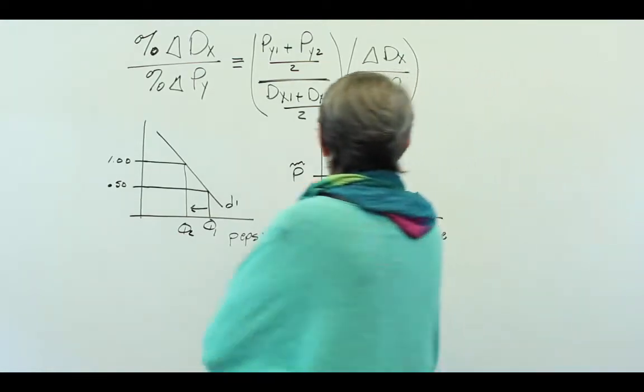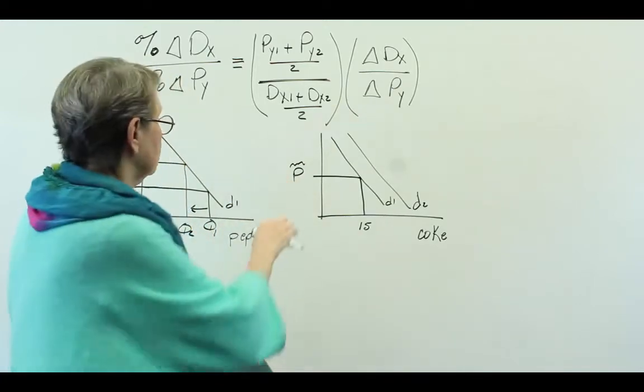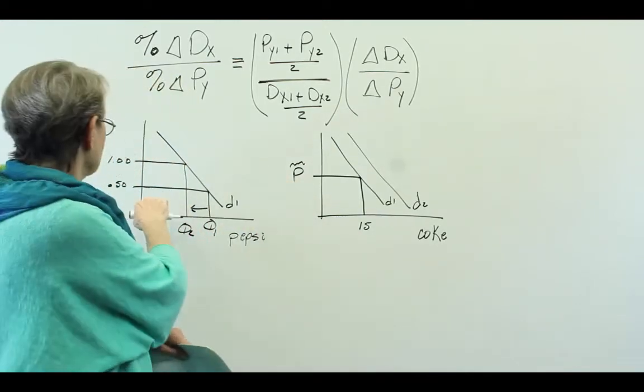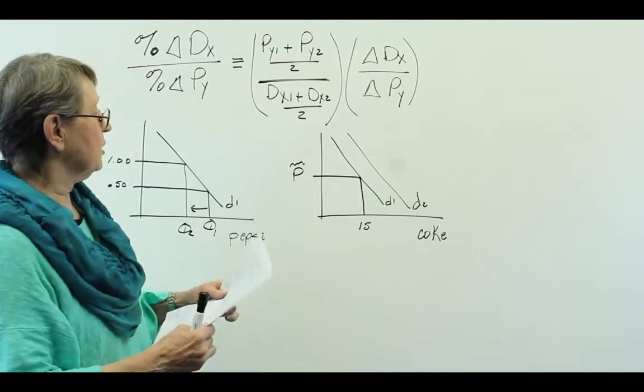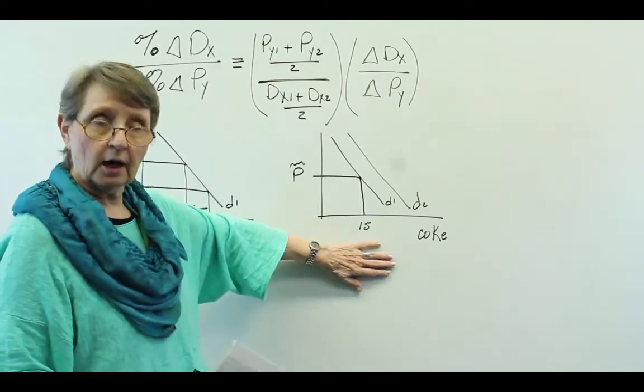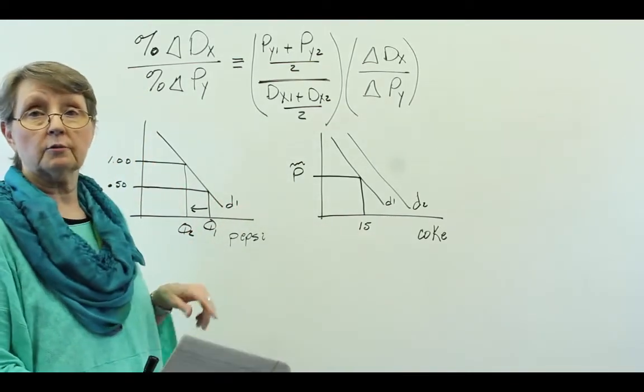And again, it doesn't matter what the original price of Coke is. If it was higher or lower than either of these prices is irrelevant. What matters is that Coke now is relatively cheaper to Pepsi than it was before this price increase.